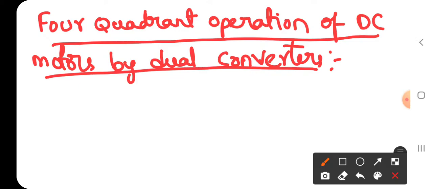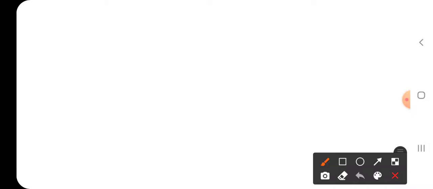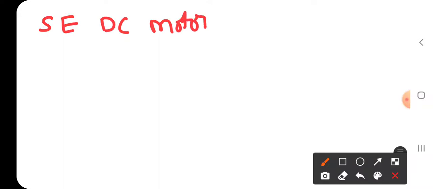So what are the four quadrants? In this class I want to explain this operation by taking the load as a separately excited DC motor, in circulating current mode.